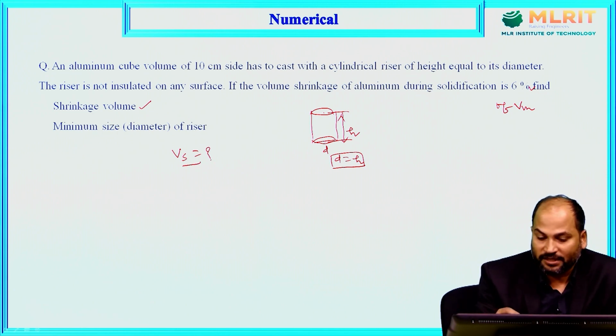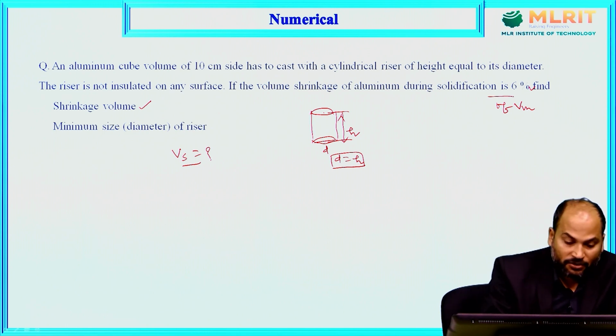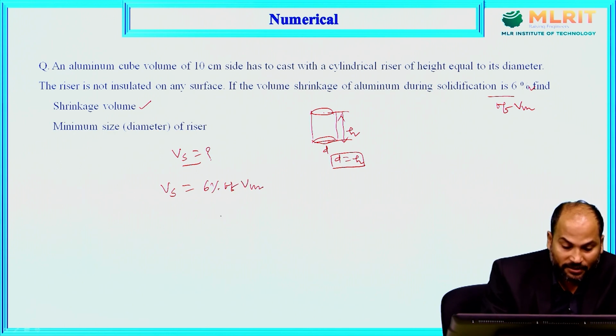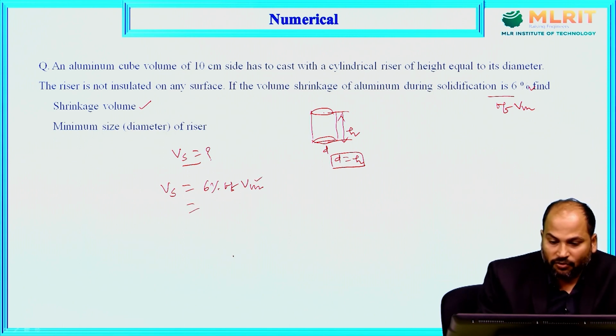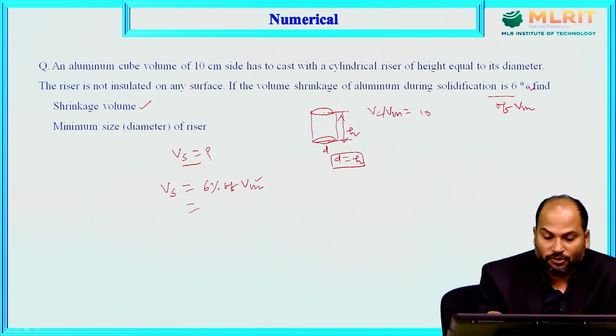Clearly in the problem it has been told that the shrinkage is 6%. So this Vs is 6% of the volume of the mold, that is Vm or Vc, whatever we write. We can calculate from here the volume of the cavity. It is a cube shape, so it will be the cube of 10, which is 1000 centimeter cube.